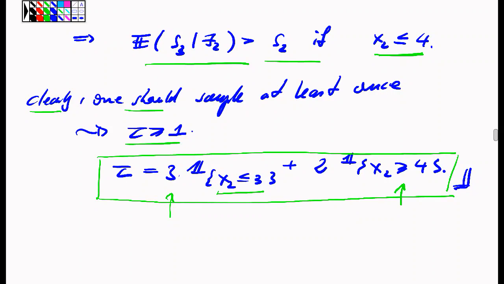You sample 2 rounds under all circumstances, and if the results of the first 2 rounds sum up to a number no bigger than 3, then you go for the third round. And if the first 2 rounds sum up to a number 4 or higher, then you stop and you are satisfied with what you got. That's the optimal stopping time in this game.